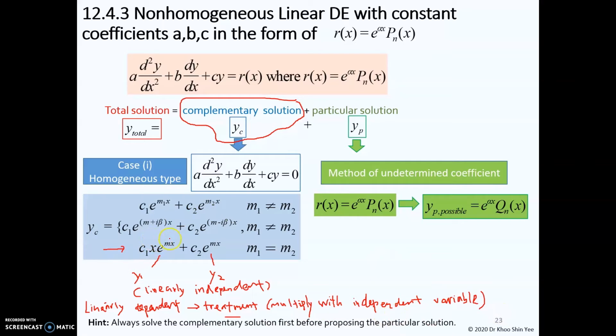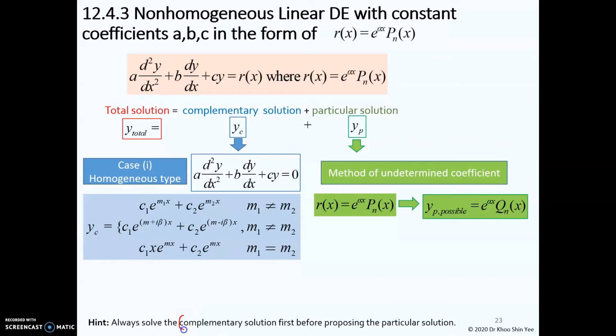So for example, in this case, initially exponential mx is linearly dependent to the second solution here. So we perform the treatment by multiplying one of the solutions with the independent variable. By doing this, now we obtain y1 and y2, both of them linearly independent.